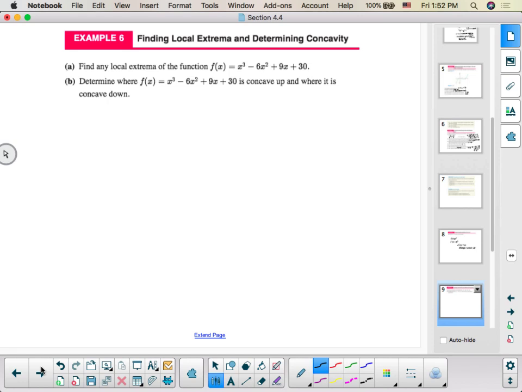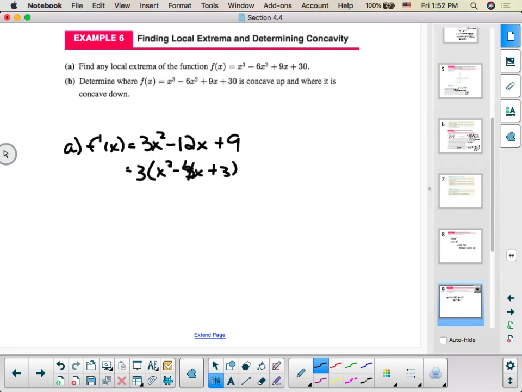On this one, if we want to find the local extrema, the first thing that we're going to do is take the first derivative, and that is 3x squared minus 12x plus 9. So x minus 3, x minus 1. So we have critical numbers at x equals 1, x equals 3.